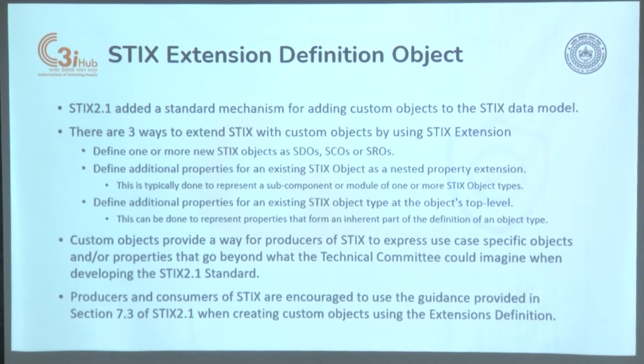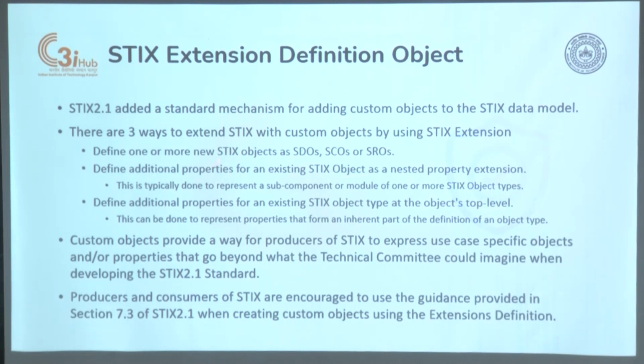Also, if you are a threat intelligence creator, or a threat intelligence consumer, and you want to move that threat intelligence forward to somebody else, you can extend this in three different ways. You can create custom objects. Here I am saying that I can define a new SDO, SCO or SRO, which is less likely to happen.